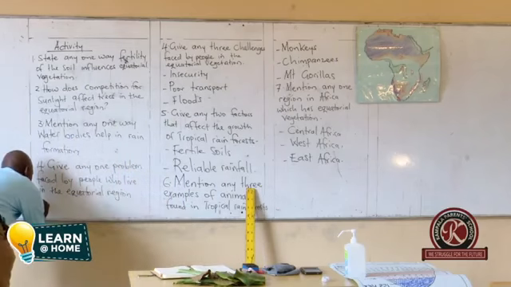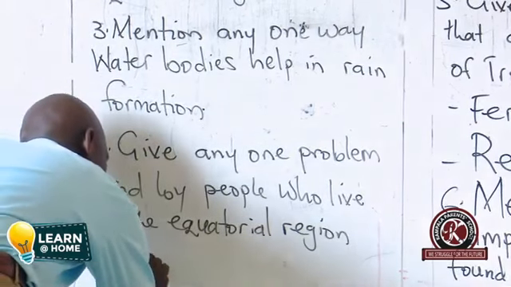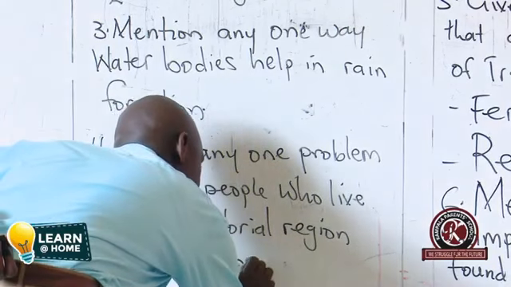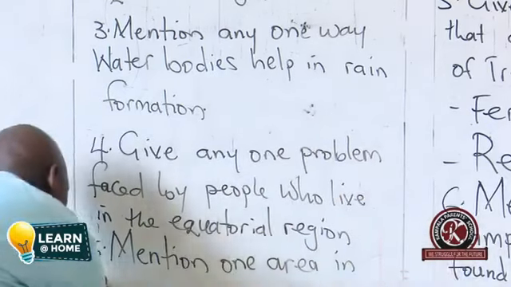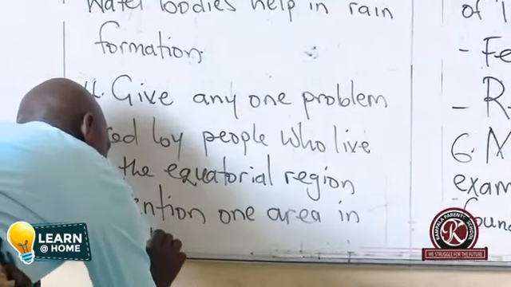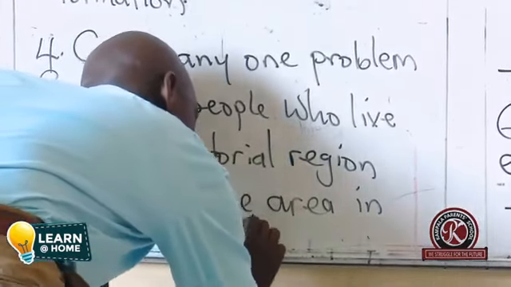Lastly, number five, mention one area in Uganda with equatorial vegetation.